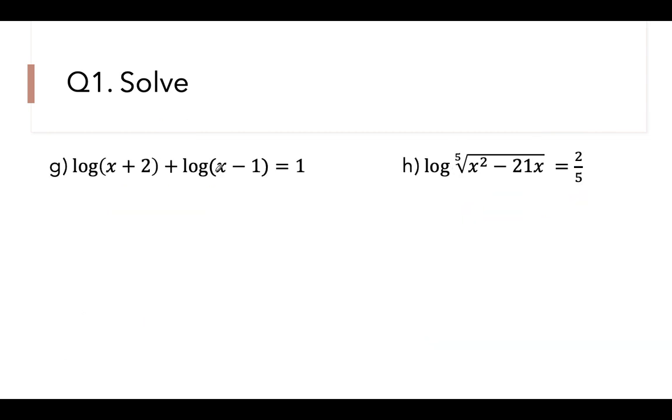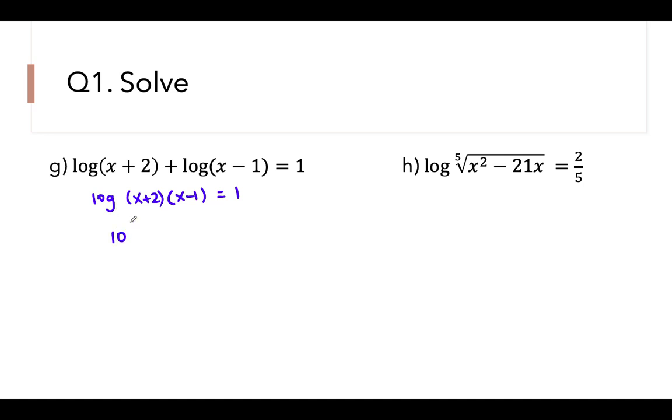Now we have two terms for logarithmic form, so let's combine into single log. So the base is 10, so log of x plus 2 times x minus 1 equals 1. Now let's change it into exponential.